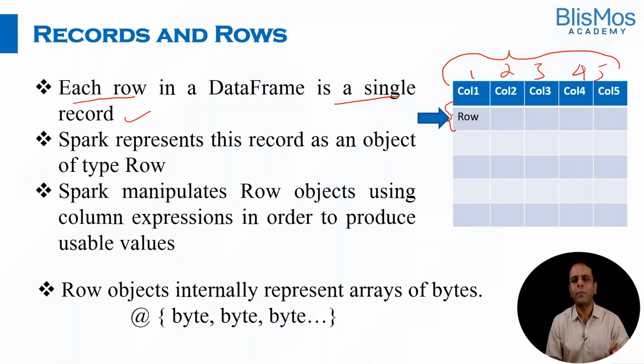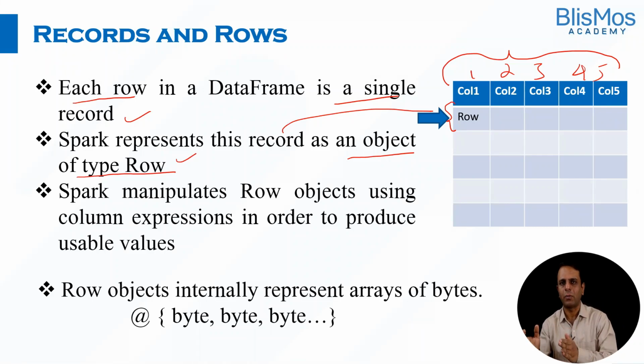We usually refer to this as a row. A single record is a row, and Spark represents this record as an object of type Row. Spark manipulates the row object by using column expressions only. You have a data frame, and in a data frame you have multiple columns.